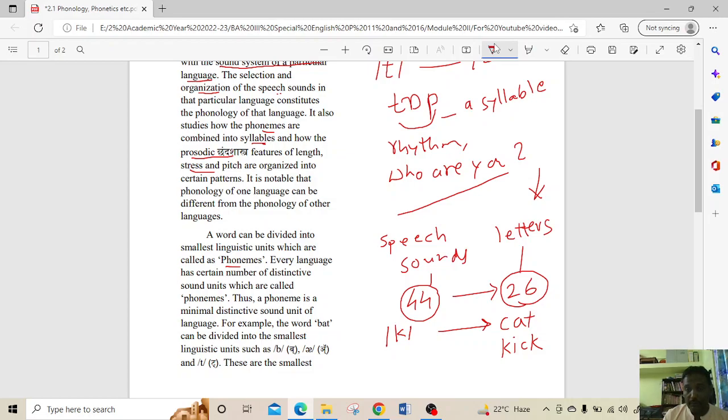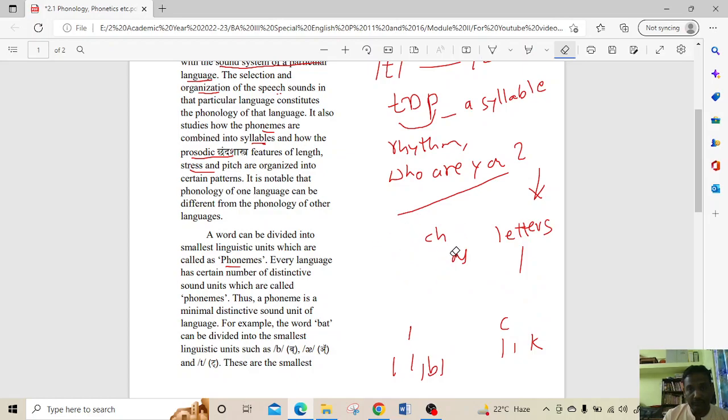So in order to represent these 44 speech sounds, we use separate symbols for each sound. So k, p, b, these are all sounds and they are different from letters. Do you understand? So again, in my next videos I will explain these concepts to you. Right now what you have to understand is the concept of phoneme.